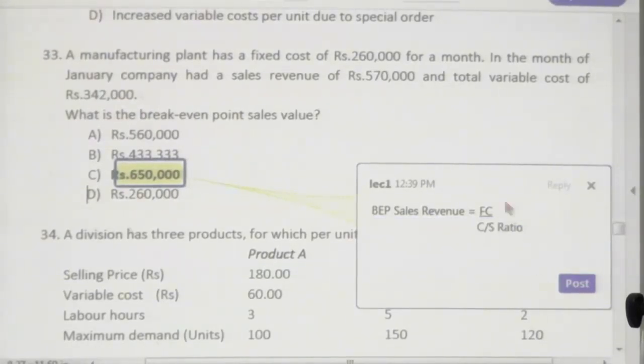Now, you already have your fixed cost. How much is your fixed cost? Your fixed cost is 260,000, but you need to calculate your CS ratio.